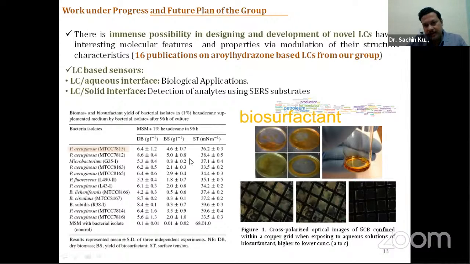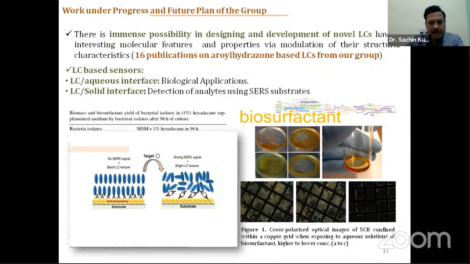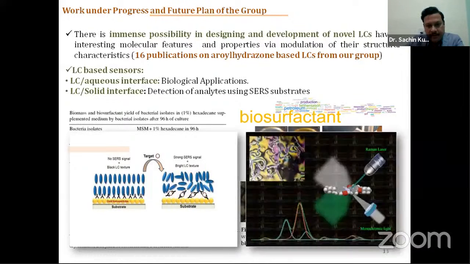We are also working on biosurfactant, using bacterial samples, Pseudomonas aeruginosa, to fabricate sensing chips to detect bacteria in water, in natural water resources. Even in later studies, we are using SERS, the surface enhanced Raman spectroscopic technique, to align the liquid crystal materials, and then it stimulates responsiveness towards a particular light we want to detect.